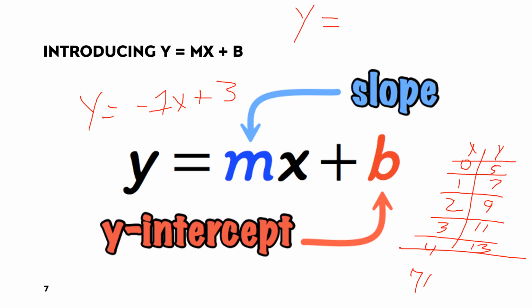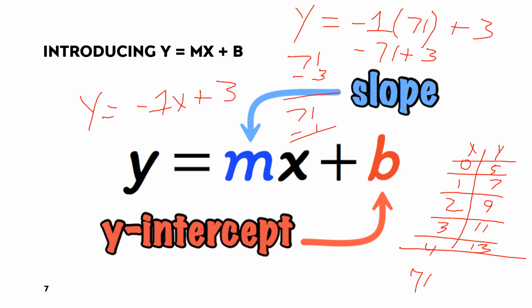In this case, y is equal to -1 times 71 plus 3, which would be -71 plus 3, well, that's negative 68. So using this equation, we're able to find any point, even if it's not on the table or the graph. So that's one important part here.